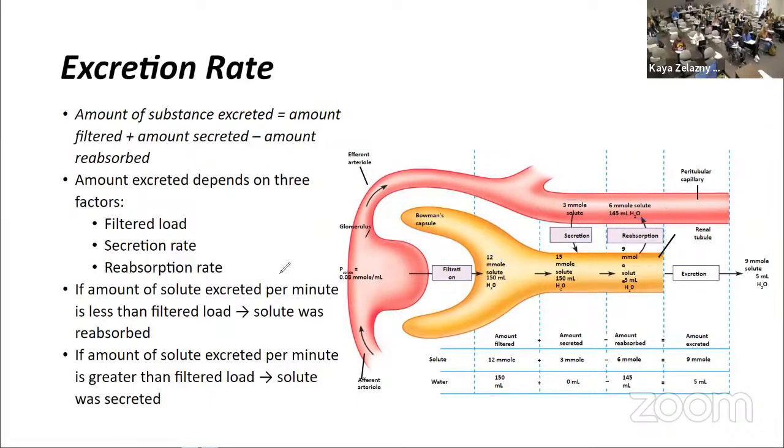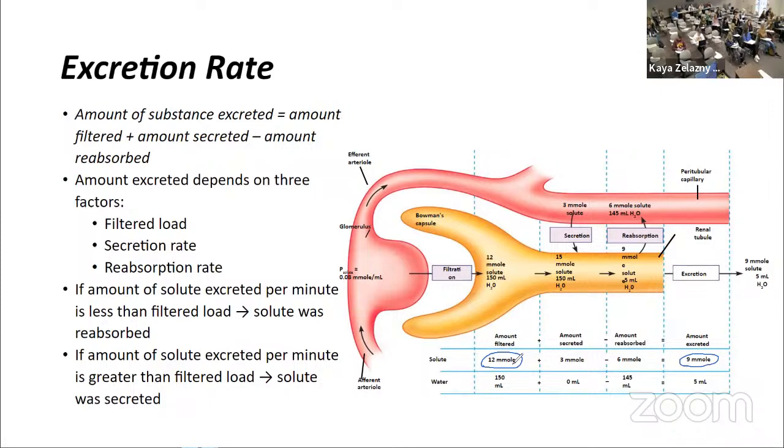So pretty simply, if the amount of solute that you're excreting is less than the amount you were filtering, for example, you filtered 12 millimoles and you excreted 9 millimoles, you can see that some of that stayed in your body.